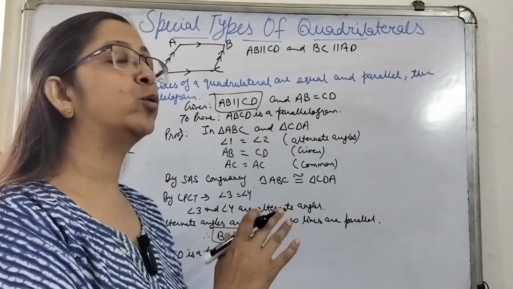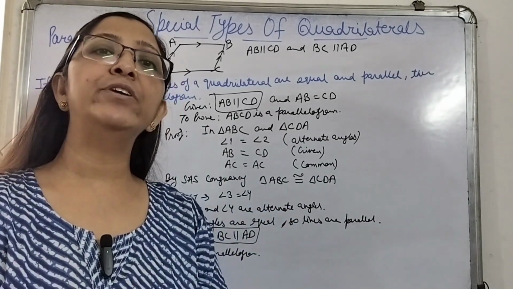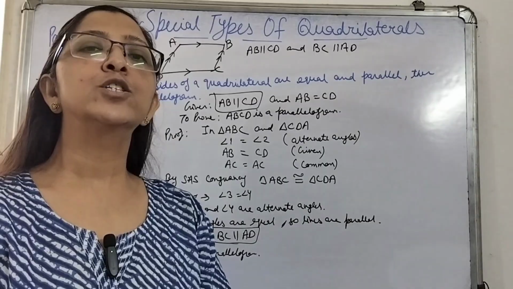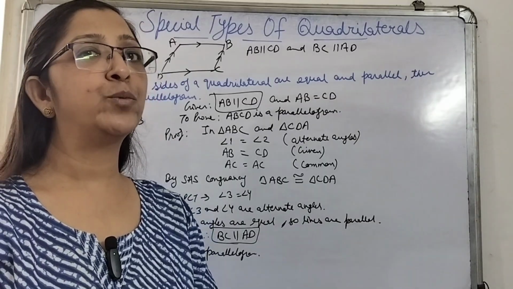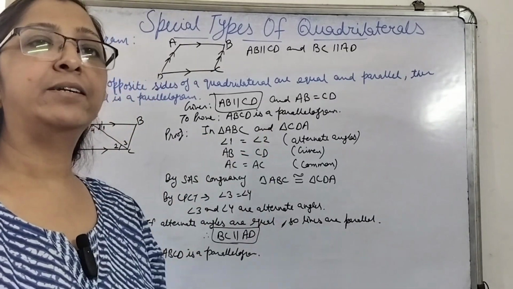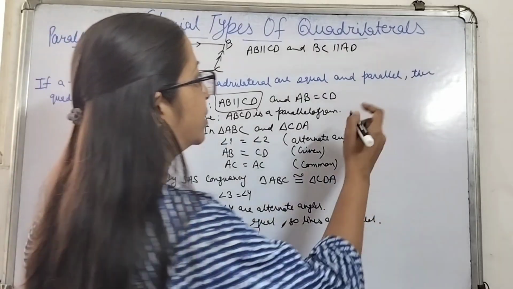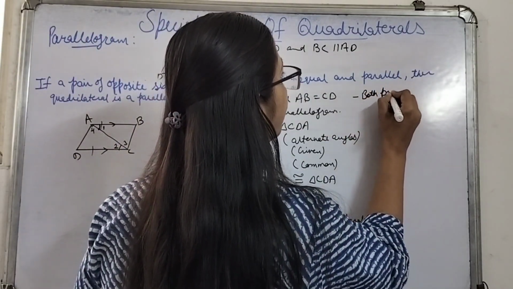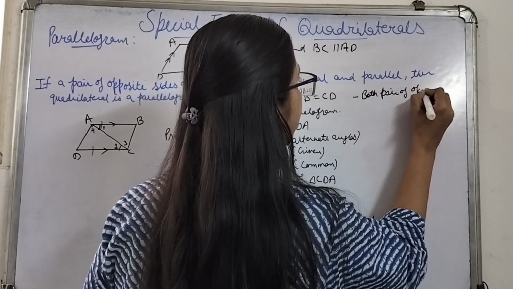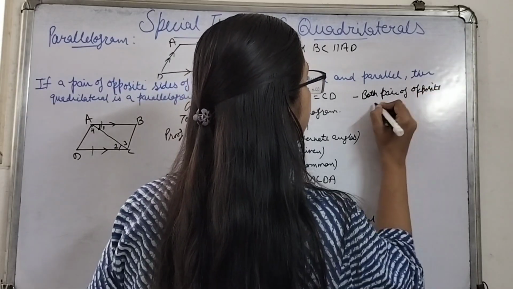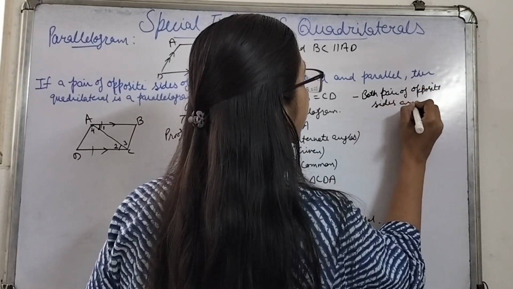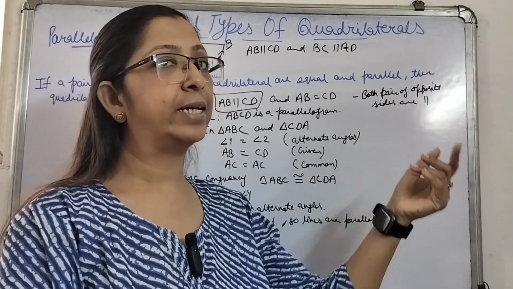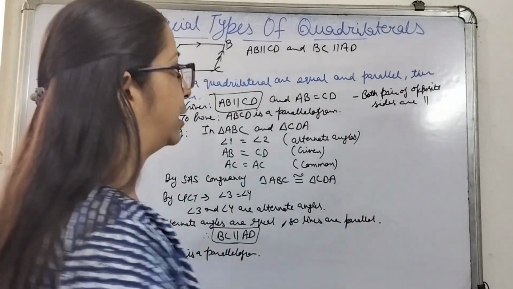So if a quadrilateral is given to us and we need to prove that it is a parallelogram, what are the conditions by which we can prove it? The first condition is that both pairs of opposite sides are parallel. If we prove that, we can say the given quadrilateral is a parallelogram.